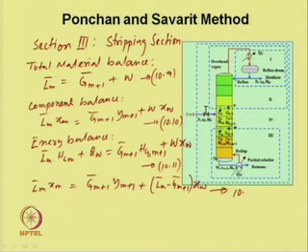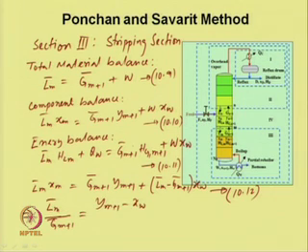This is 10.12, and from this we can also write L_m bar by G_(m+1) bar would be equal to (y_(m+1) minus x_w) divided by (x_m minus x_w). This is 10.13.